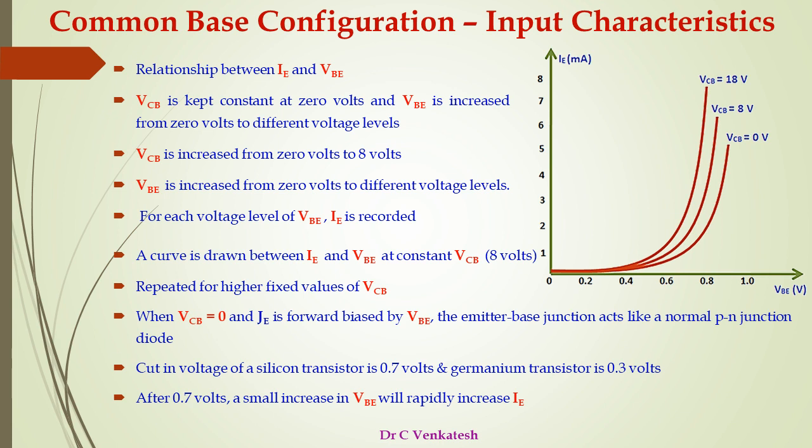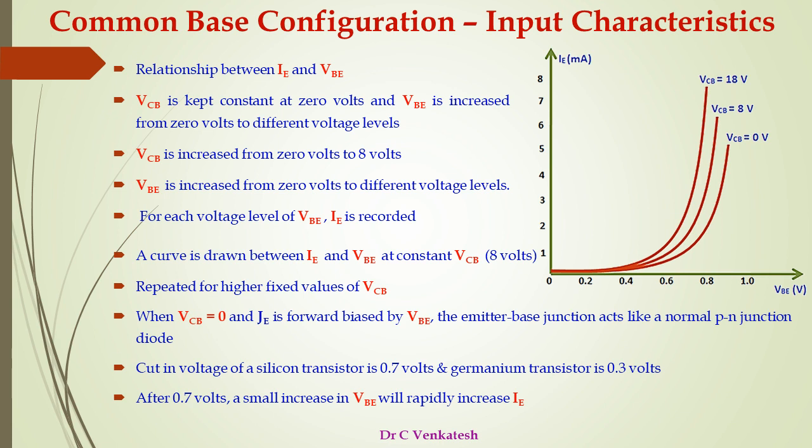Next, the output voltage VCB is increased from 0 volts to a certain voltage level and kept constant, say 8 volts, as shown in the figure. While increasing the output voltage VCB, the input voltage VBE is kept constant at 0 volts. After we kept the output voltage VCB constant, the input voltage VBE is increased from 0 volts to different voltage levels.